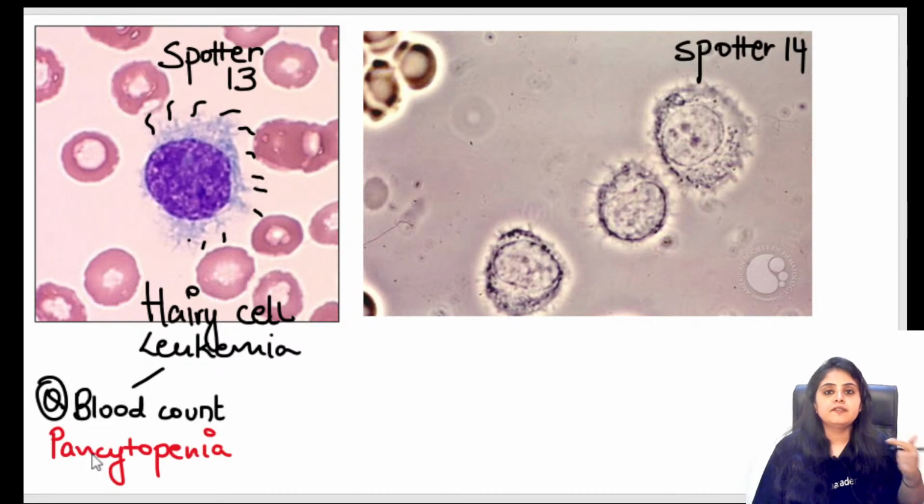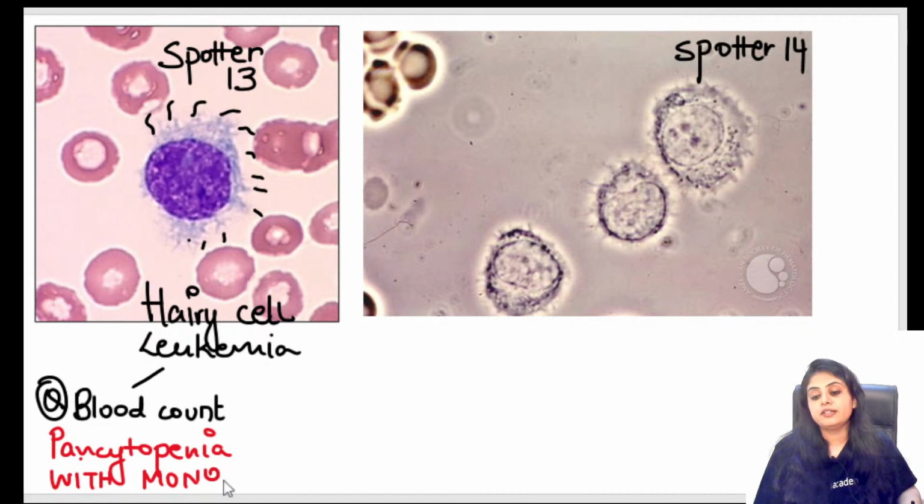Red blood cells, white blood cells, platelets, everything is gone. Full shutdown, pancytopenia. But there is one cell which is really gone down. Which is that cell? Specially monocytes. Especially monocytopenia is what is going to occur. So that is something that you guys have to know. Please remember, pancytopenia with monocytopenia is what is most important.